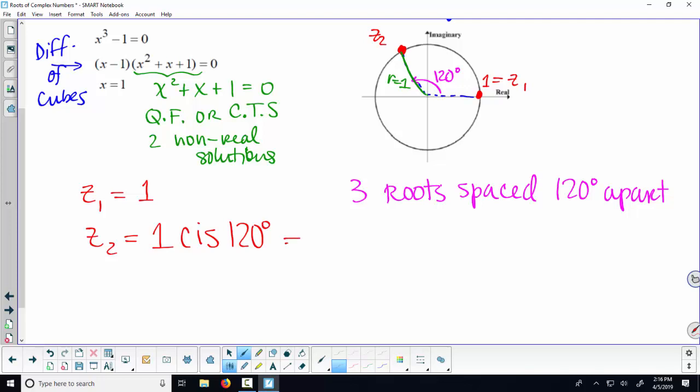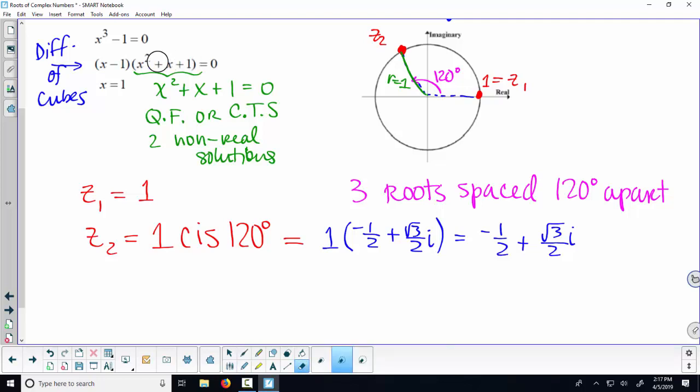I can then turn that into rectangular form, a plus bi form, which looks like a complex number that we're used to. So that becomes 1 times the cosine of 120, which is negative 1/2, plus the sine of 120, which is square root of 3 over 2 times i. So we end up with negative 1/2 plus square root of 3 over 2 i, which is exactly one of the solutions you would have gotten up here if you had solved using the quadratic formula.